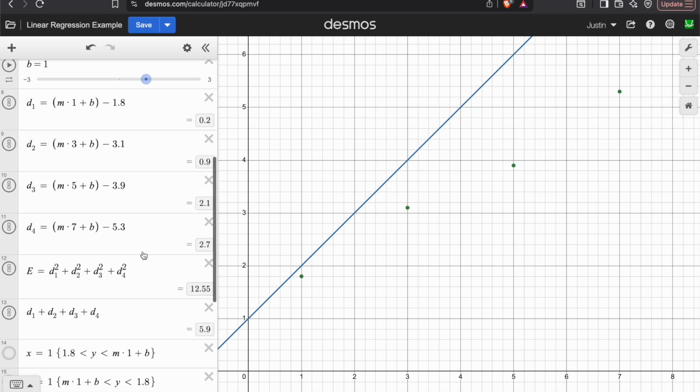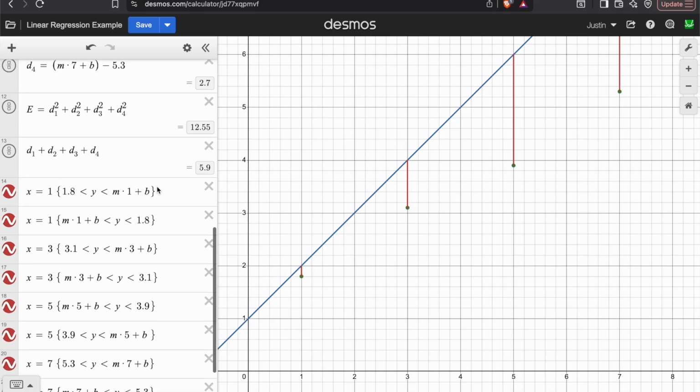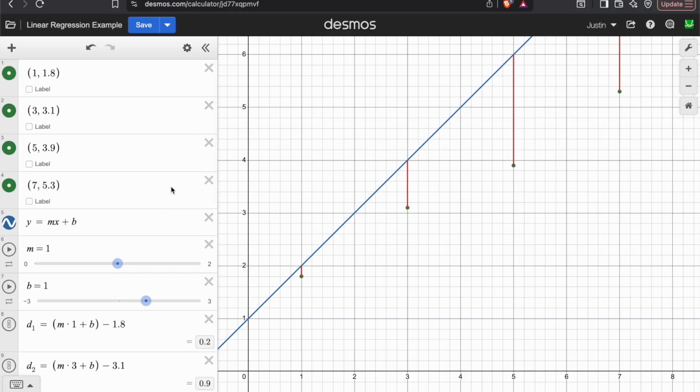Now, don't worry about what I've written here, these actual x equals whatever. If you want to, pause it and figure out what I did here. But really, now look at what we have. Each red line gives us the distance from the line that I'm using as my model, my approximation, to the actual points that we want.